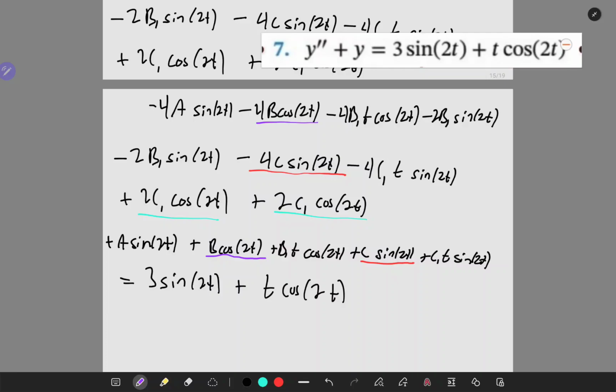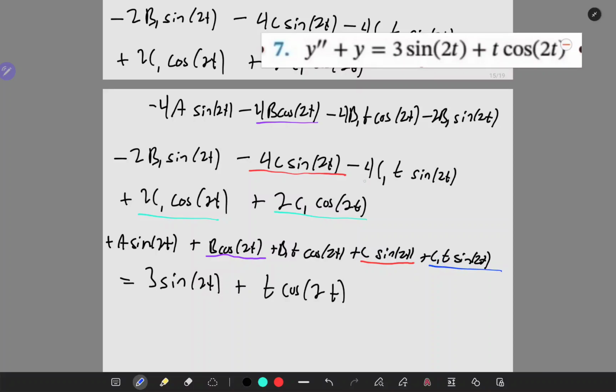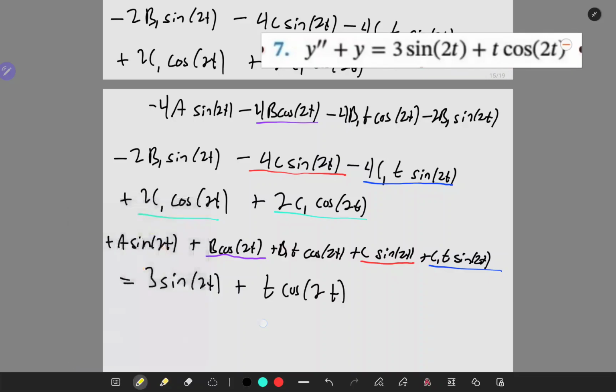What about C1t sine of 2t? C1t sine of 2t, C1t sine of 2t. That's it. Then we have A sine of 2t. So A sine of 2t and A sine of 2t. Am I missing any here?